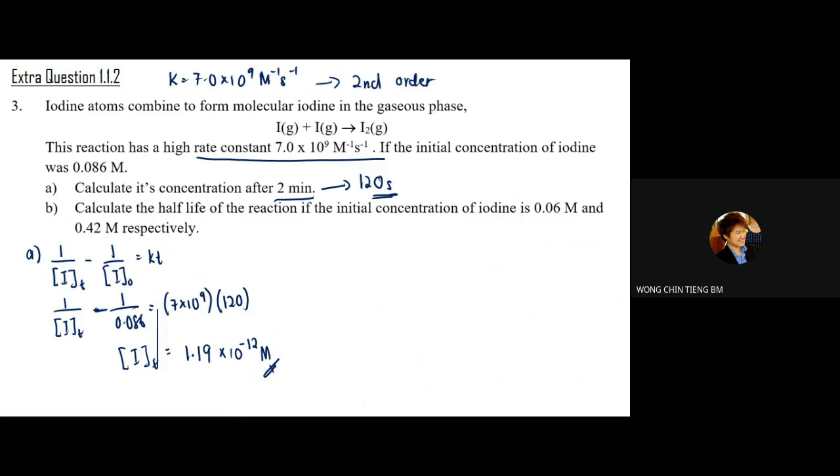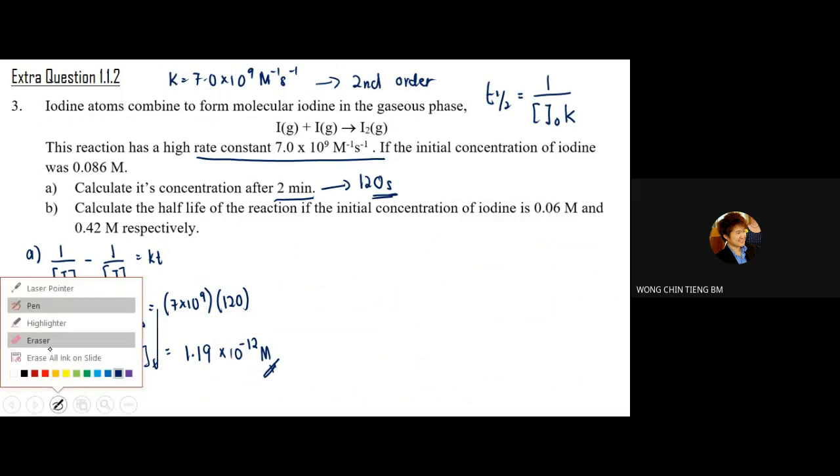Okay? Make sense? Next, calculate the half-life of the reaction. Before I calculate, I want to ask one thing. The half-life of your second order formula. Right. My question: concentration and half-life, directly or inversely proportional? Inversely.